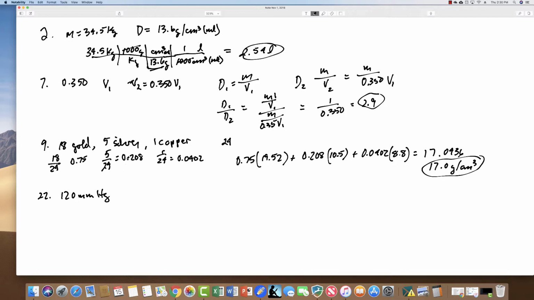And it says that the area that pressure is exerted on is approximately 15 square centimeters. It's asking what is the force given that area. Now we know that force is equal to pressure times the area.